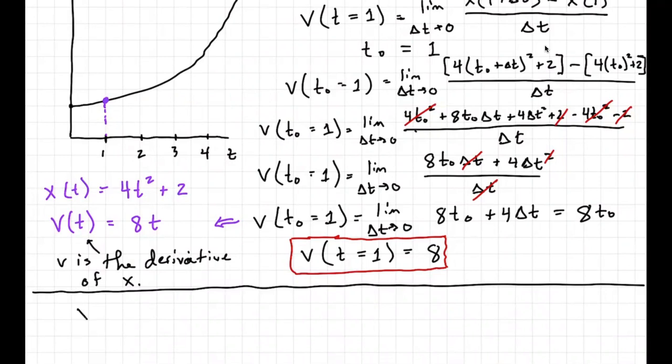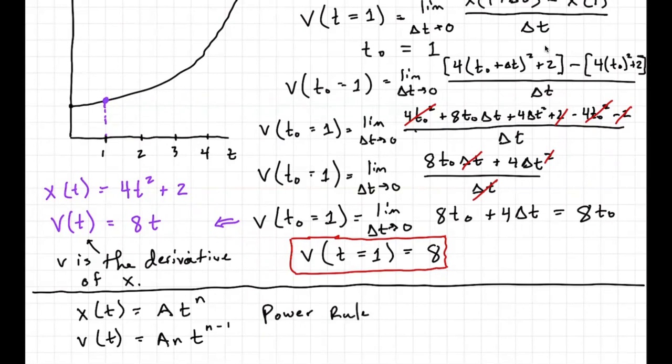If I have a position function of the form a times t to the n, so a and n constants, t the variable, and I take the derivative of position with respect to time, that derivative will always be a times n t to the n minus 1. This is always true. So this is a rule. This is called the power rule for derivatives.